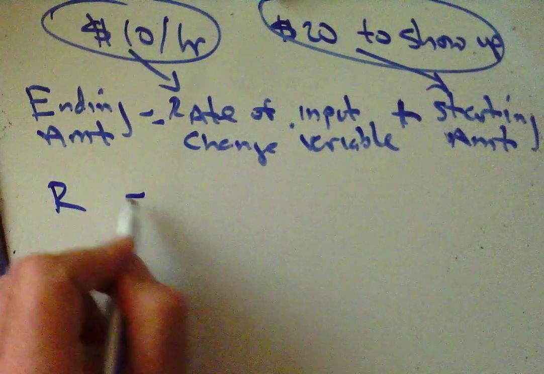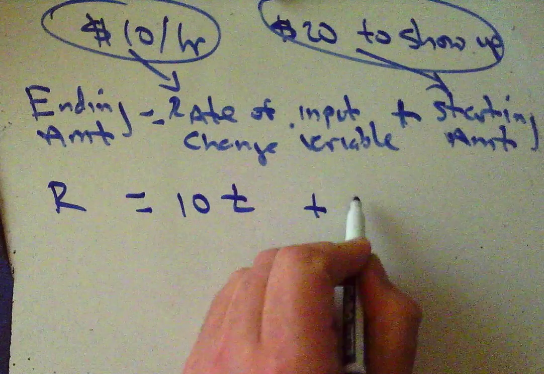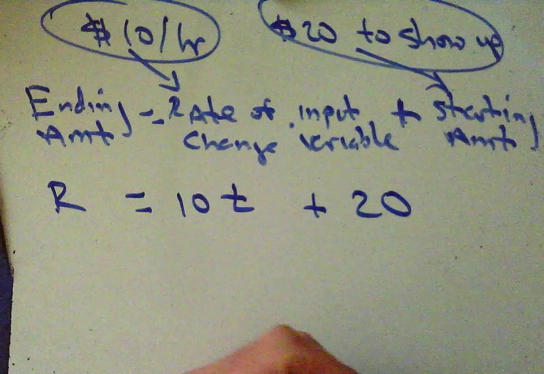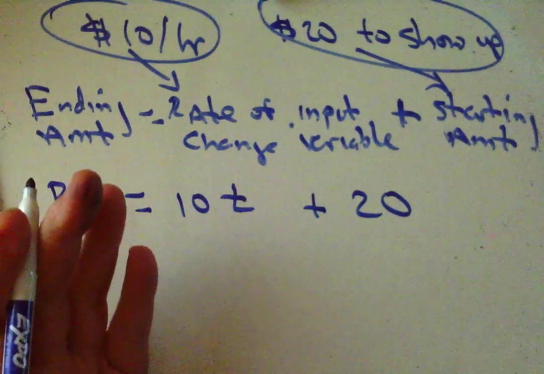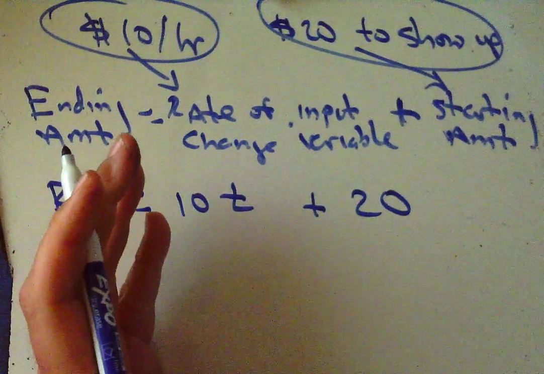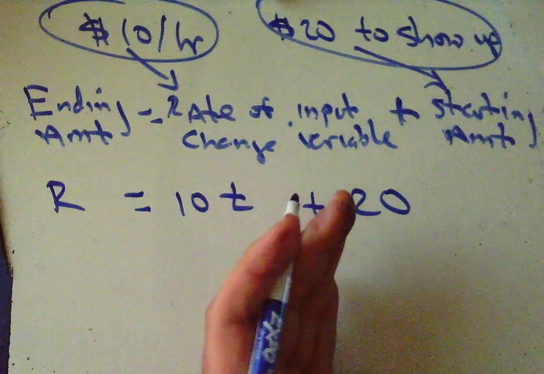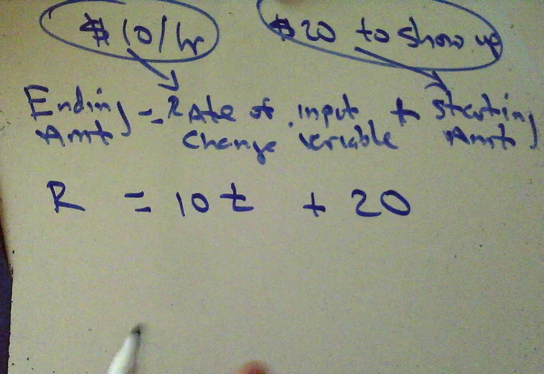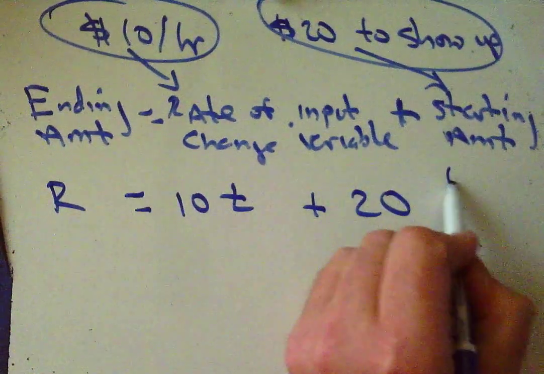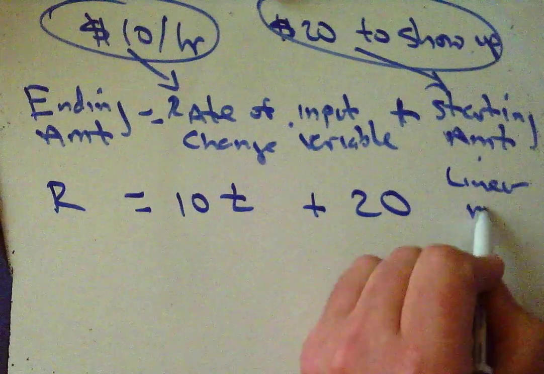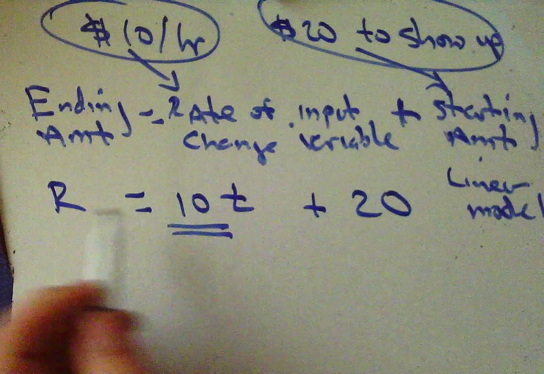So I'm going to say the revenue is 10t plus 20. Come on, 10t plus 20. Well, how hard is that? That's not very hard. Don't stress just because someone says the word problem to you. Rate of change times the variable plus the initial amount. And then once we've built the linear model, this is our linear model. Again, we know it's linear because it's got a constant slope. It's in the equation of a line.